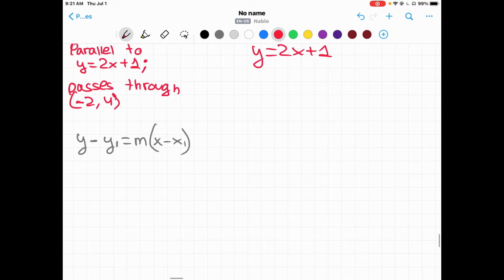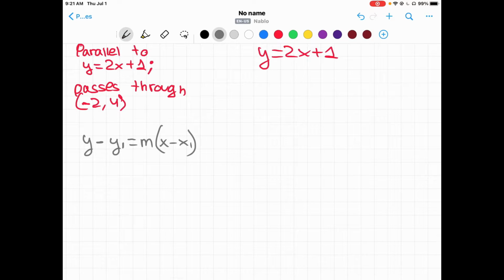So now y minus y1, the y1 is going to be 4, because it is one of the points that this new line, which will be parallel to y equals 2x plus 1, will contain. So this would be y minus 4 equals the slope.